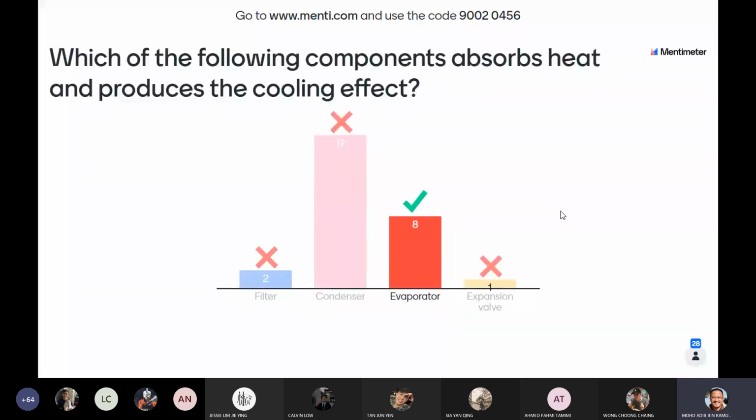Okay, it's actually the evaporator. The one that absorbs heat is the evaporator, and when you turn on the aircon, the air is blown over the evaporator and gets into the room. The evaporator is the cooling coil. The other word for evaporator is the cooling coil. So it produces the cooling effect, and at the same time, it absorbs heat from the space.